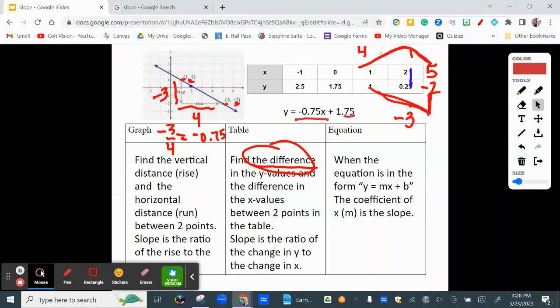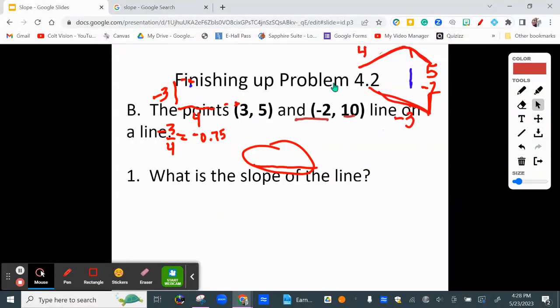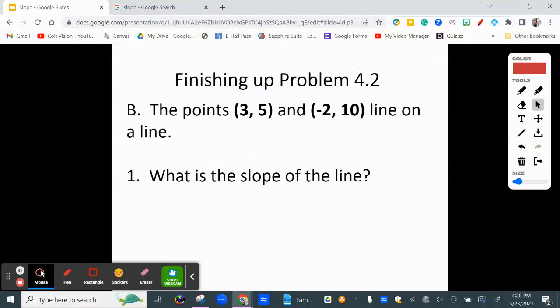The reason I'm saying that is because now you come to the point where you are going to find the slope between 2 points, and there's no graph and there's no table. It's just 2 points. So to find the slope, you're just going to find the difference.